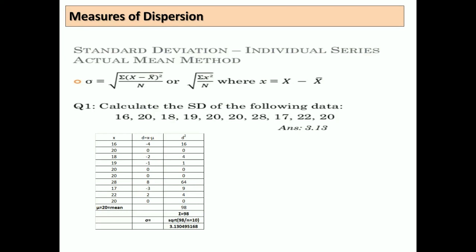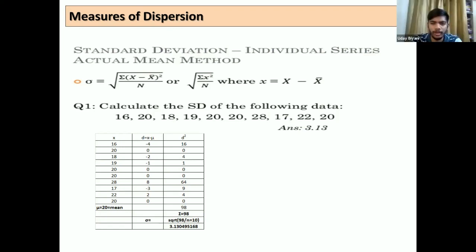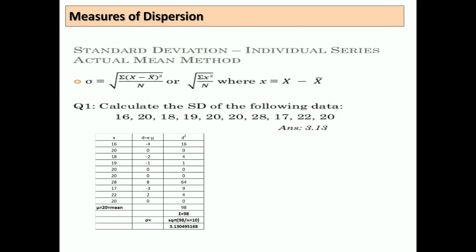Ma'am, after writing average in the bracket, which numbers do we have to give? You have to select the numbers from where you have typed 16, first 16, and drag this up to 20.